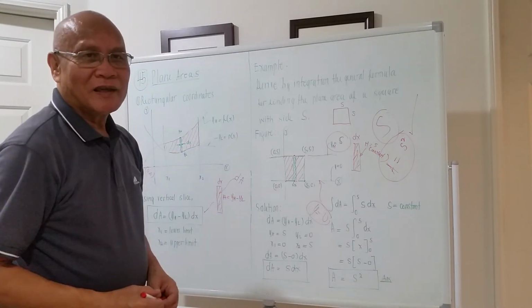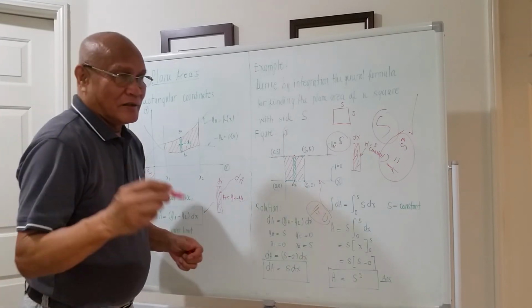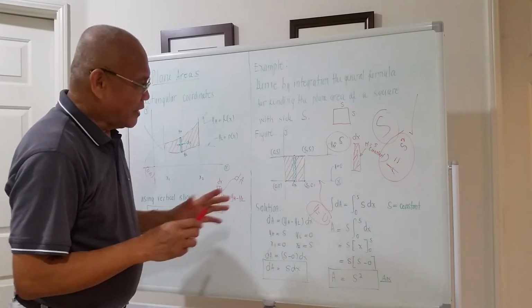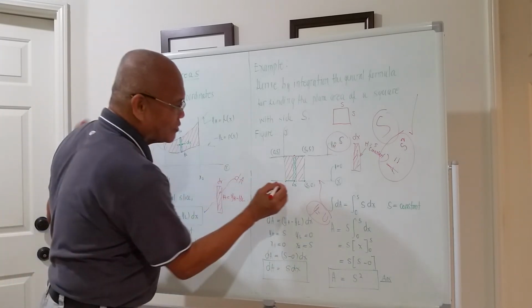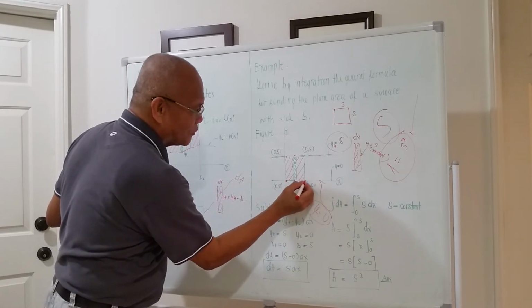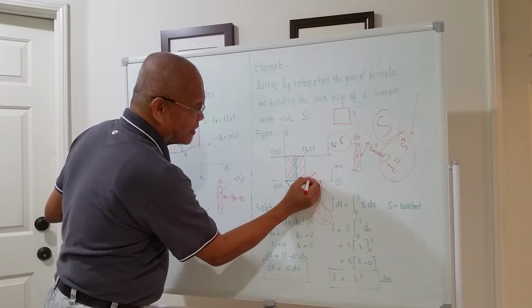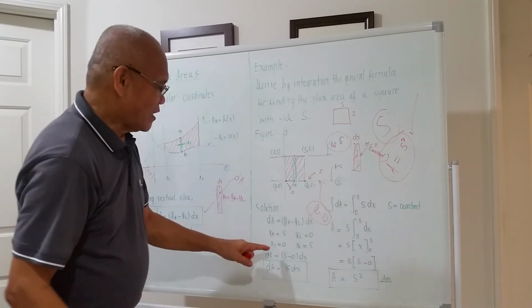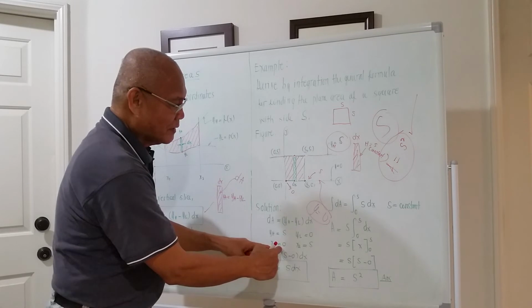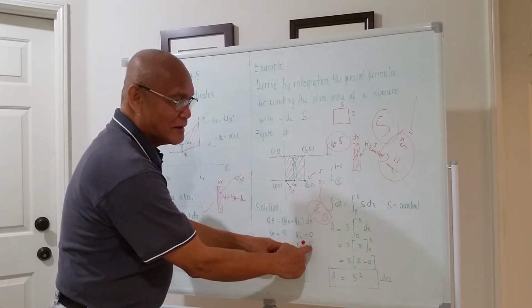And what will be the limits? The problem is asking for the area of the square from this point here up to this point. X here is actually 0 and x here is S. So x1 will be 0, x2 will be S.